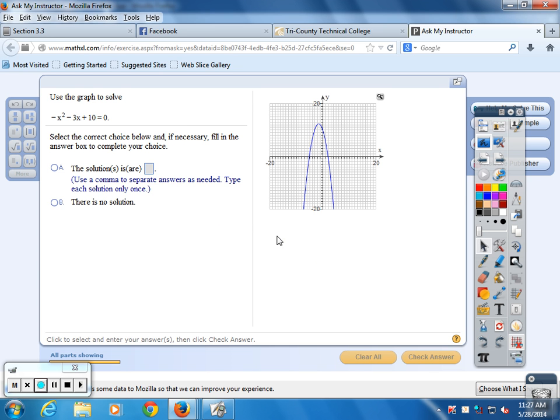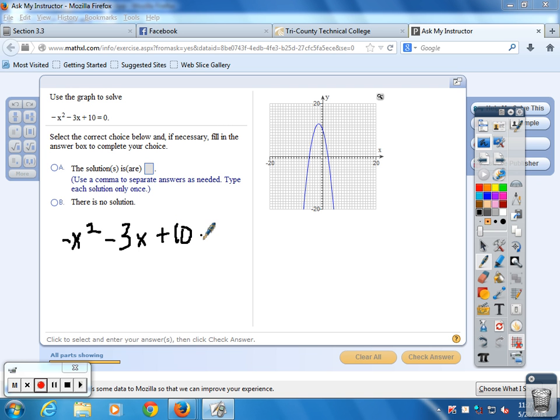All right, I'm going to let y'all write this one down. Negative x squared minus 3x plus 10 is equal to 0. Now, what did I tell y'all a while back about a negative x squared?